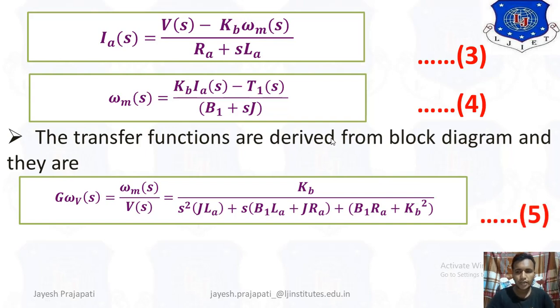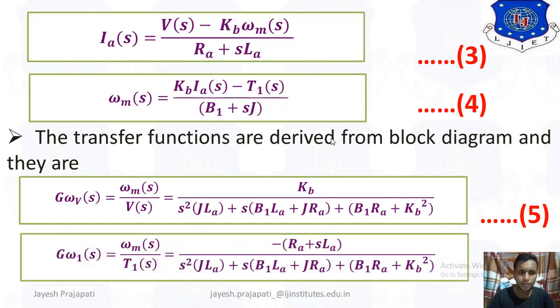We take that as equation number 5. We have also derived the second transfer function, G omega 1(s), is equal to omega m(s) divided by T1(s). We divide this whole equation, with T1 as the subject. This becomes minus Ra plus sLa.